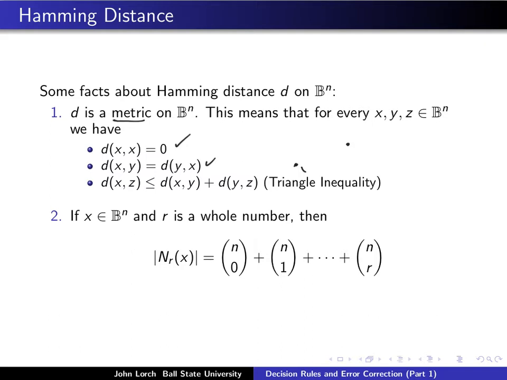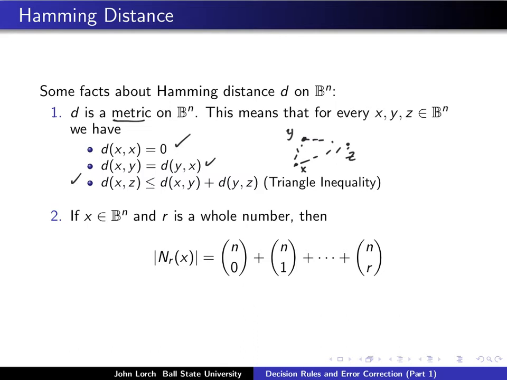If this is x and z, then the distance between x and z should be less than or equal to the distance from x to some y added on to the distance from y to z. Okay, so all three of these are satisfied, and in your exercises, you'll be verifying these things.